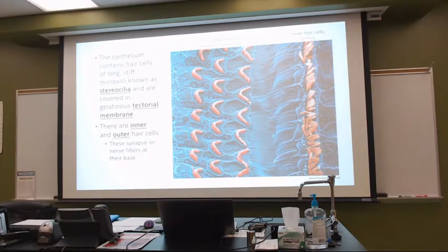These little hair-like projections that we're seeing in these structures, they refer to them as stereocilia, and that material that's laying over them is very gelatinous. It's not like water. Think about melted Jell-O.